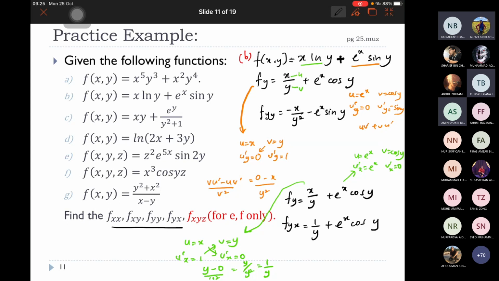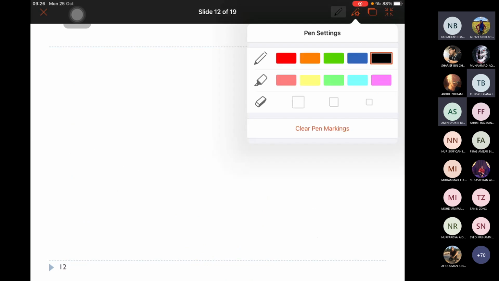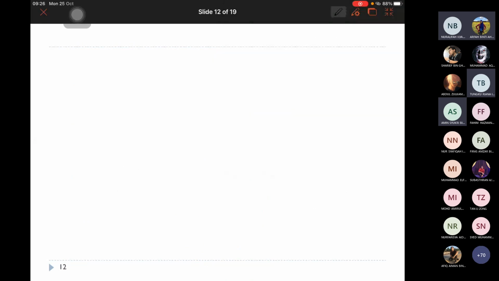So cuba buat soalan C pula. So soalan C, sini dah senang. C question adalah XY. Okay, fxy equal to xy plus exponential y over y squared plus 1.